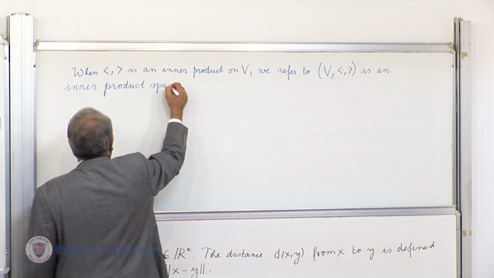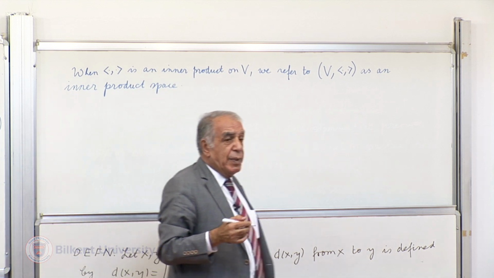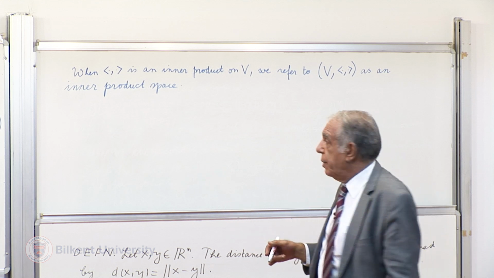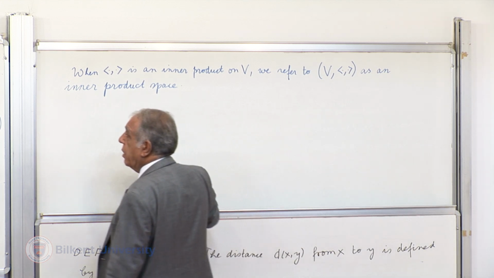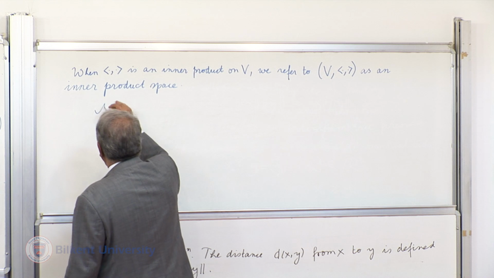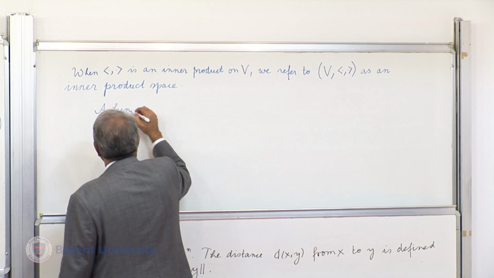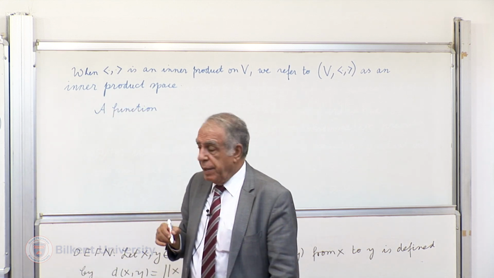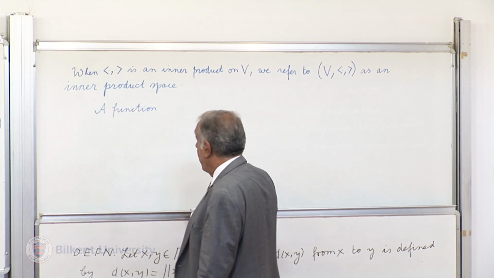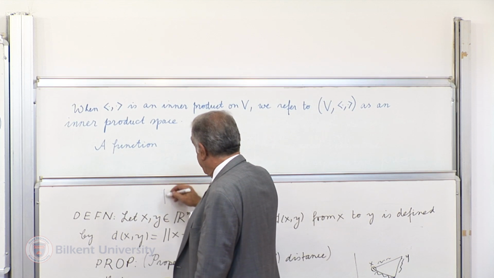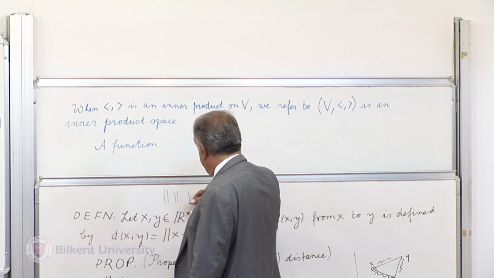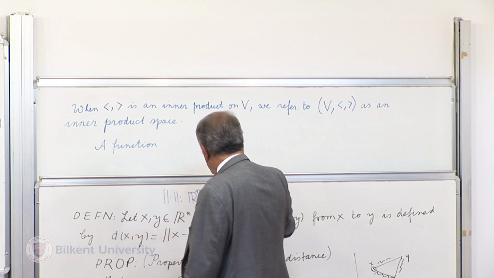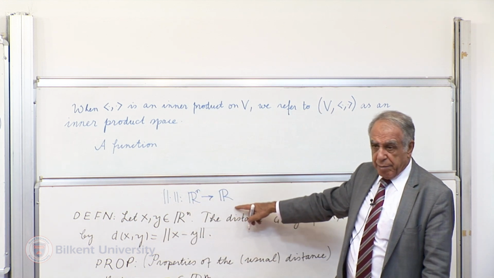So Rn together with its usual inner product is an inner product space. We already know that. Now, for the norm, the usual norm was a map which associated with each n-vector a real number.